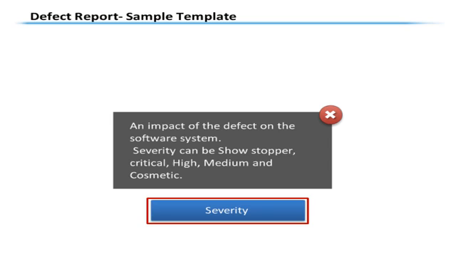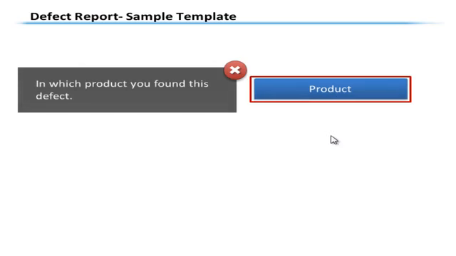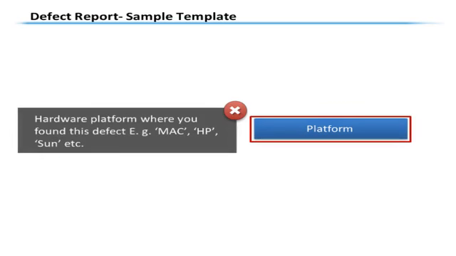An example of this would be the spelling of the communication address is wrong on the Edit PO screen. The product. That shows the details of the product on which the testing was done. The platform. This shows the hardware platform on which testing has been conducted and the defect was found.